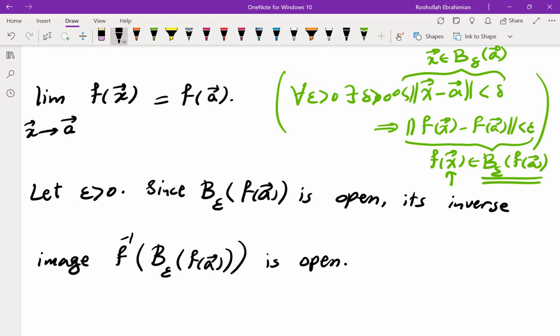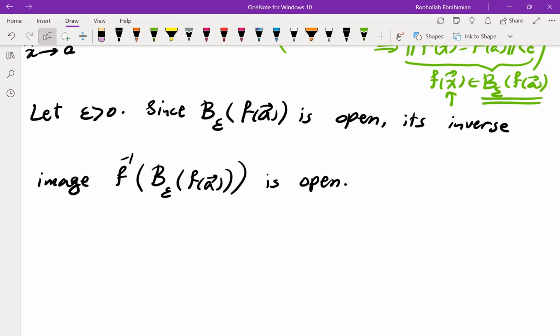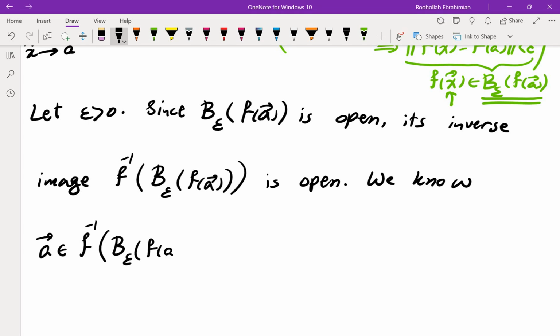Now we know that A is in this set, so A is in fact in this inverse image of the ball of radius epsilon centered at f of A.